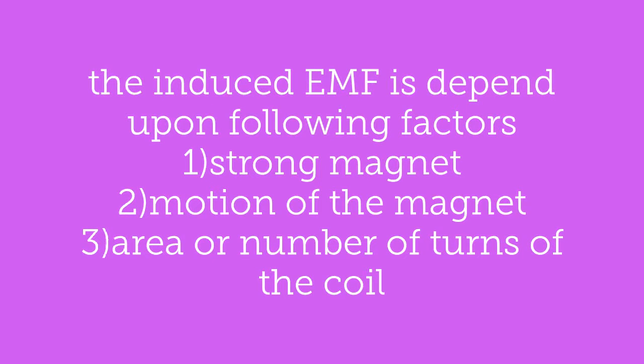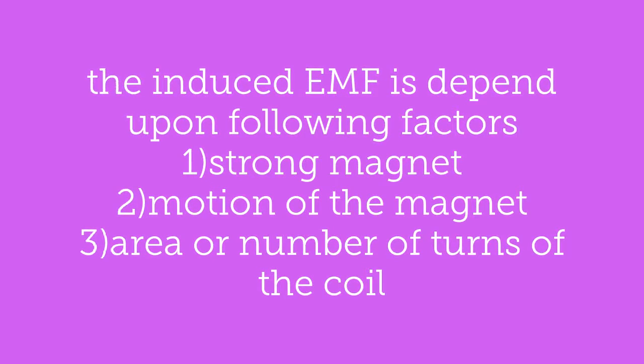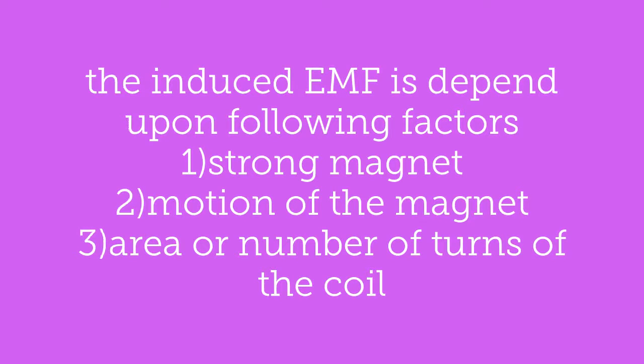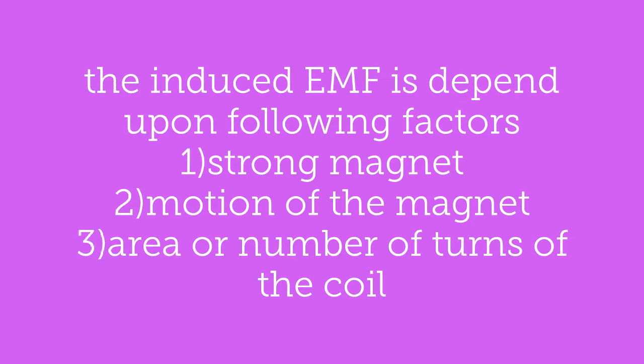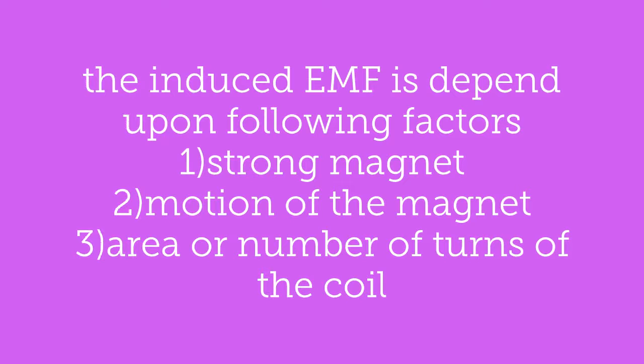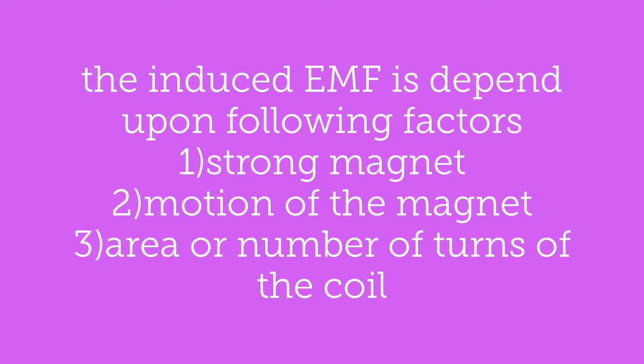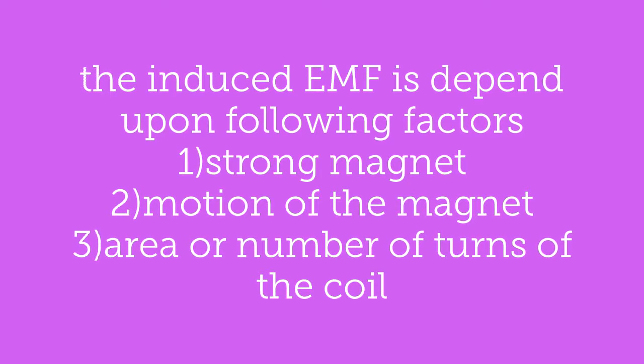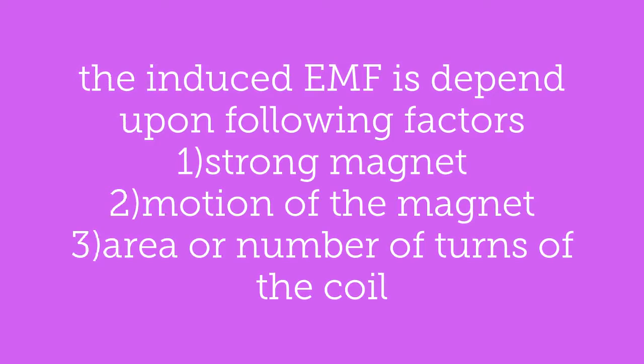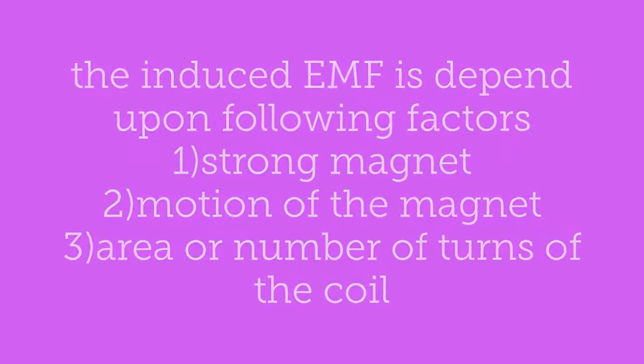And the third one is the area or number of turns of the coil. If the area of the coil is increased or the number of turns of copper wire is increased, then the induced EMF is also increased.